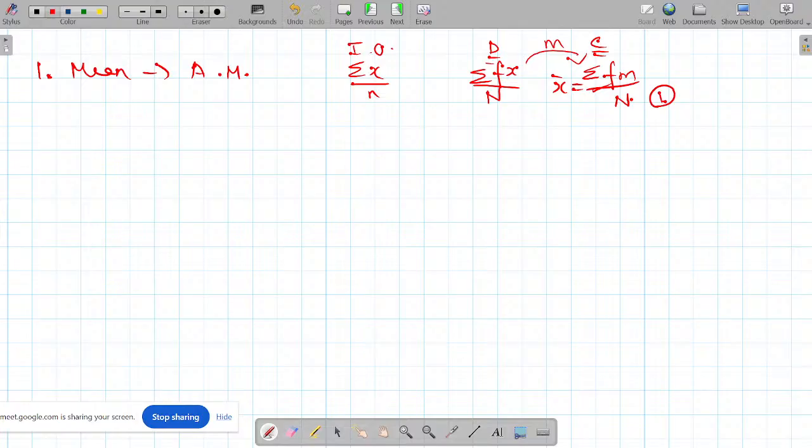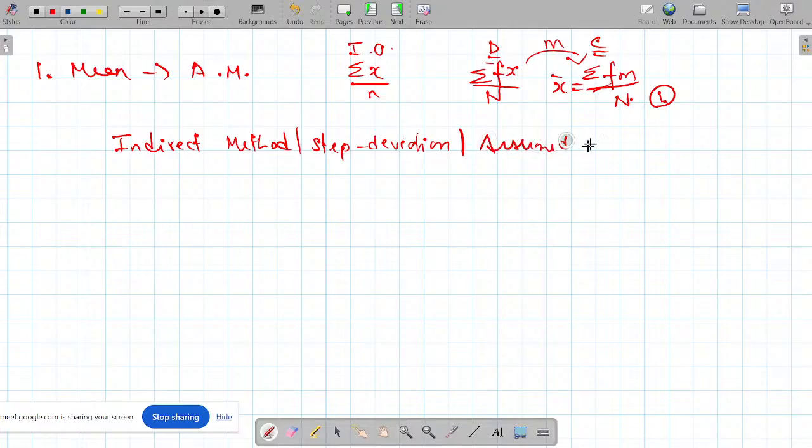And apart from this, we are going to find another formula which is called the indirect method. Indirect method is also called the step deviation method. Also called the assumed average method. Okay, assumed average method. Tell me, when I say mean, it is nothing but a measure of central tendency. So my value starts here 0.5.